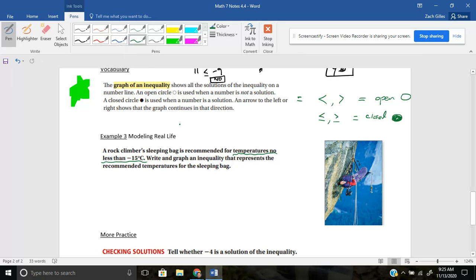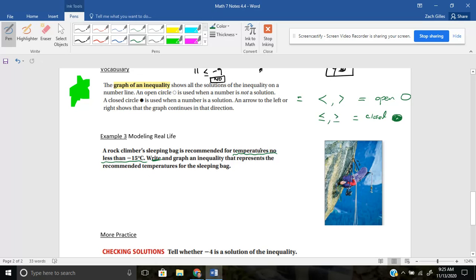Write and graph an inequality that represents the recommended temperatures for the sleeping bag. Okay, so the first thing we need to do is write that inequality. The sleeping bag is recommended for temperatures no less than negative 15.